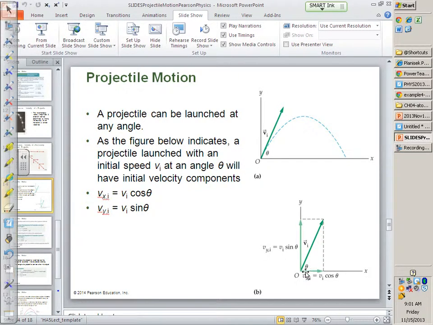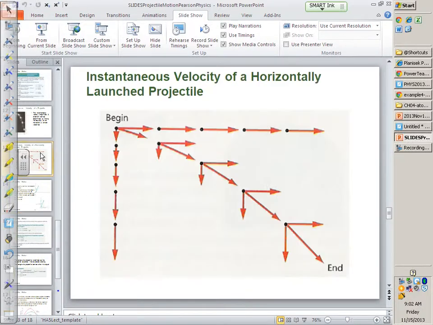When that happens, it actually has two initial velocities. Just like in the problem we did yesterday with the waterfall, we had to find the two final velocities, right? You found the final velocity horizontal, and you found the final velocity vertical, and then you found the resultant of those two, right? Just like this picture here.